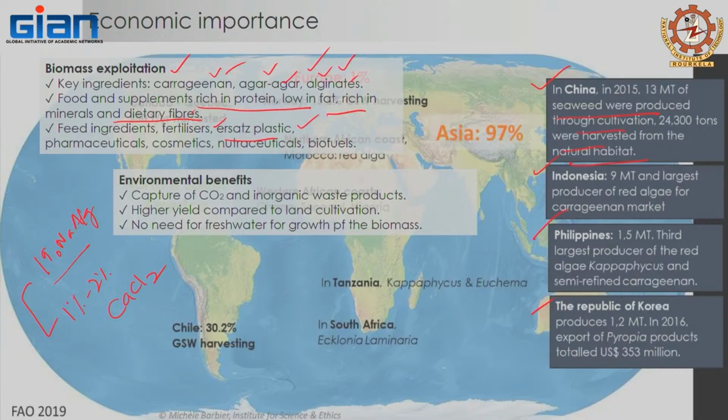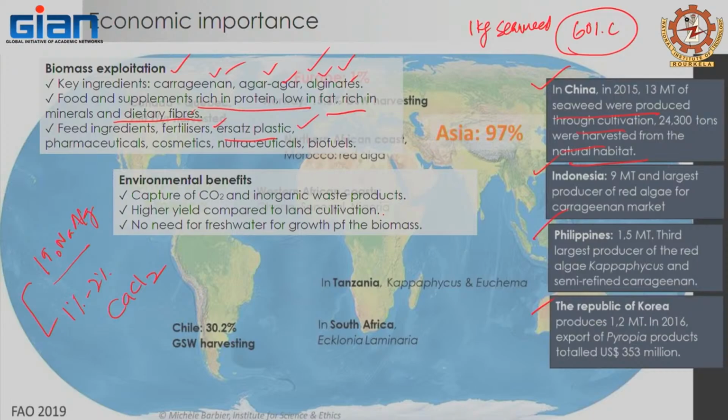If 1 kg of seaweed is produced and it contains 60% carbon, that means that is the amount of CO2 it has already absorbed from the environment and converted into carbon biomass.